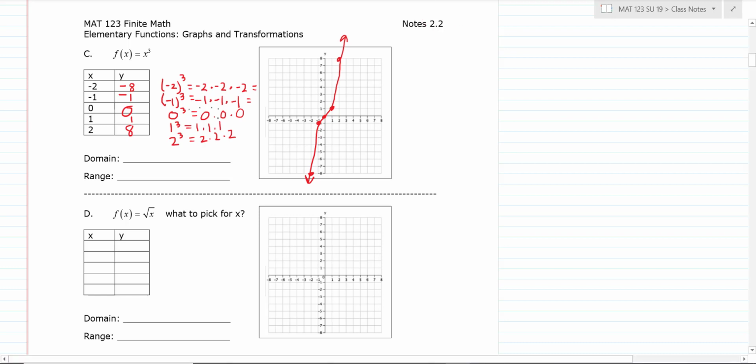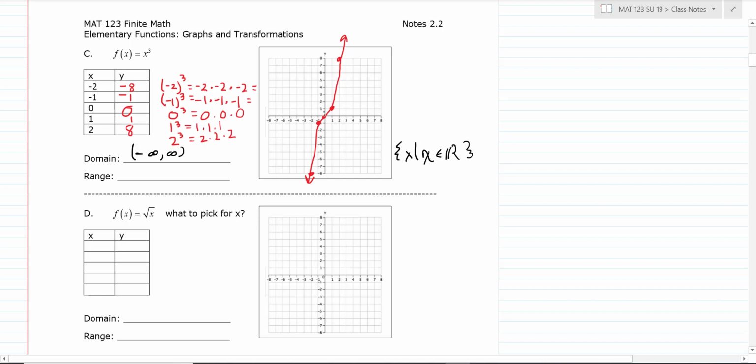Okay, as far as the domain on this, x can be anything, so there's no number that you cannot multiply out 3 times. So that domain's all real numbers, so we write it that way. Or we could write set of x such that x is any real number. And then the range is the y, so it's infinite, okay?